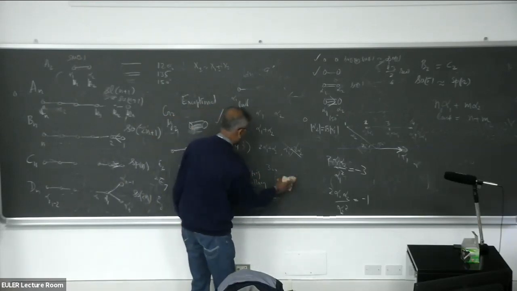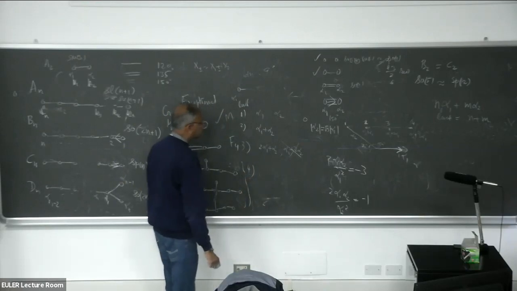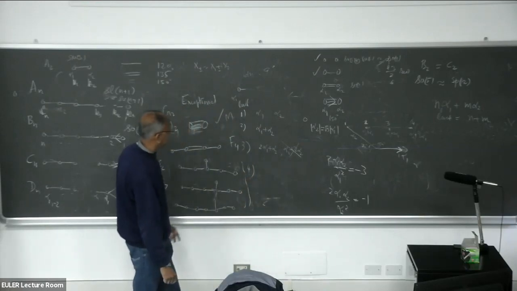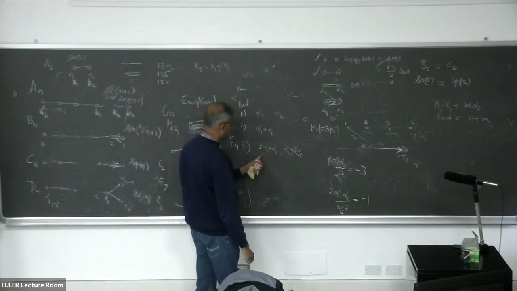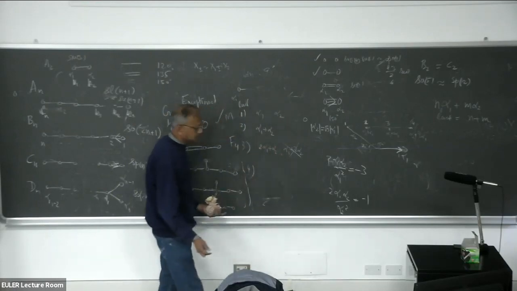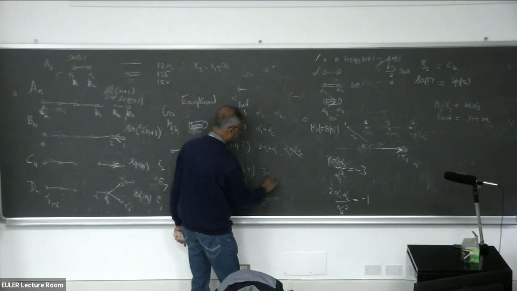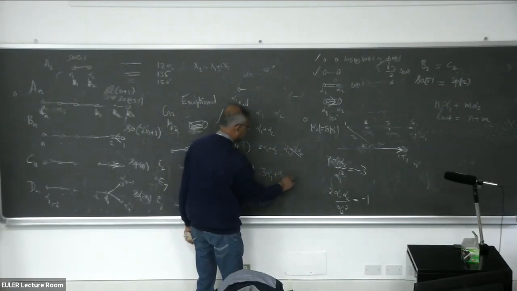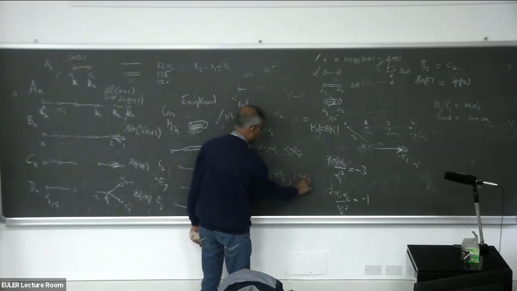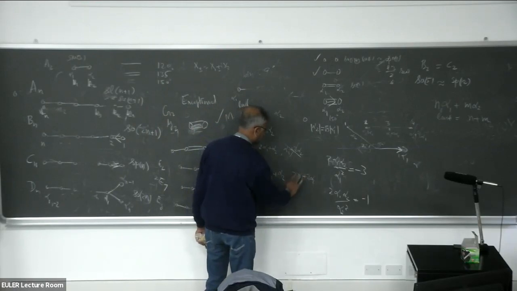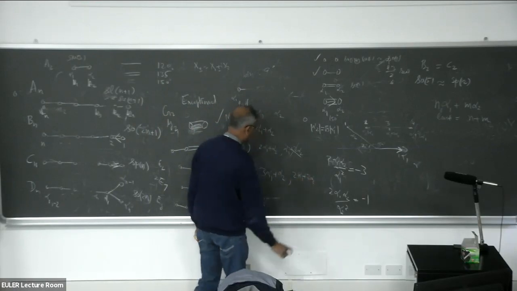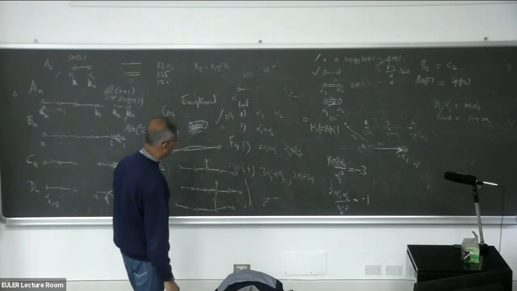Then let's go to level 4. At level 4, I can add to the level 3 root, which is only this one, either alpha 1 or alpha 2, right? So I can take 3 alpha 1 plus alpha 2, or I can take 2 alpha 1 plus 2 alpha 2. Is there some other possibility you can think of?